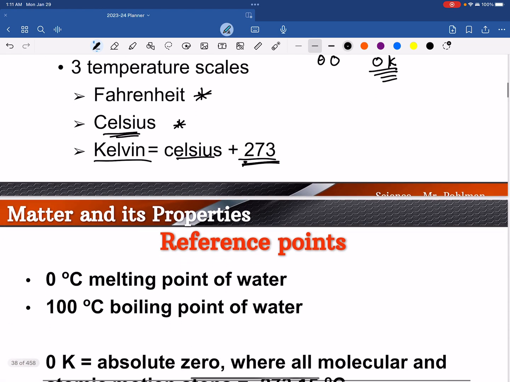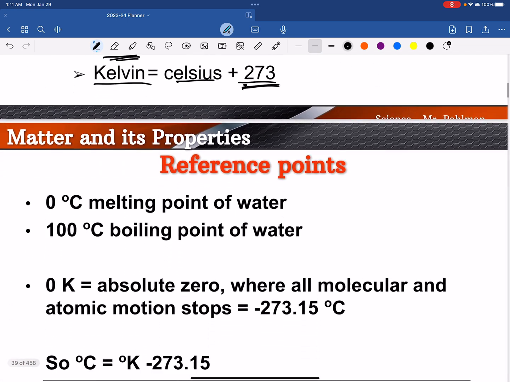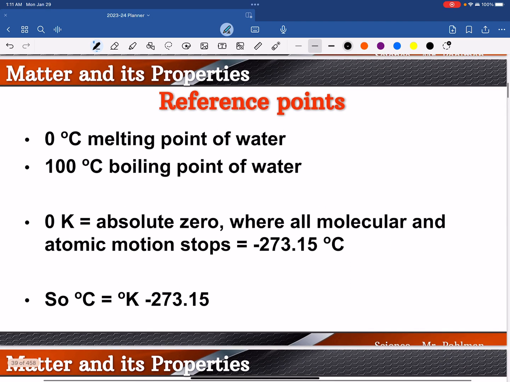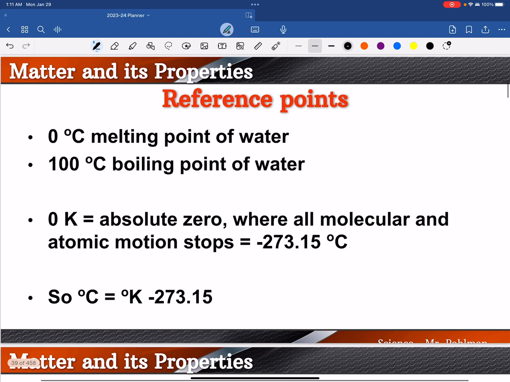We're not going to worry about converting from Celsius to Fahrenheit. We have reference points. Everyone has to remember these, okay? And at this point in time, you guys are old enough that you should know what these temperatures are, at least in Fahrenheit. You have the temperature at which water begins to melt, okay?